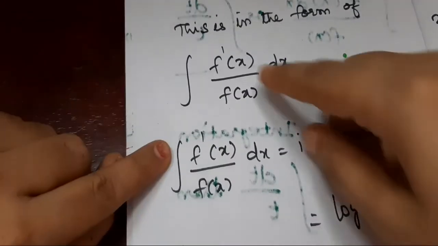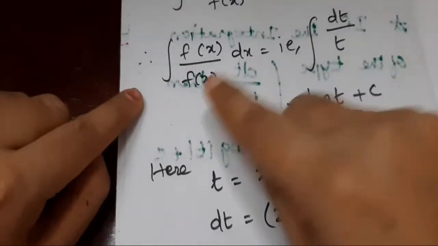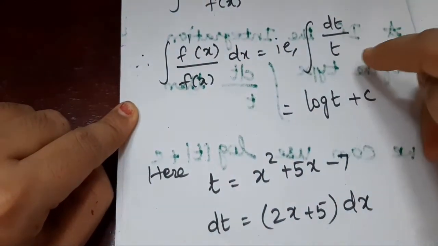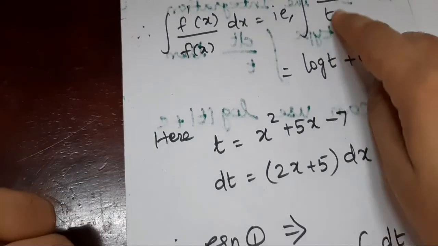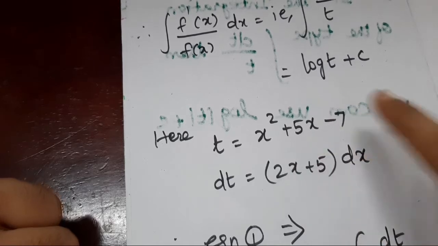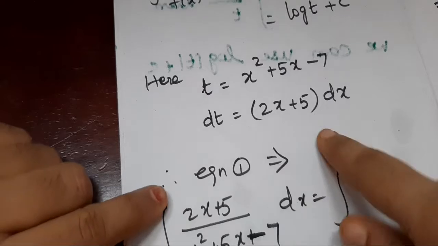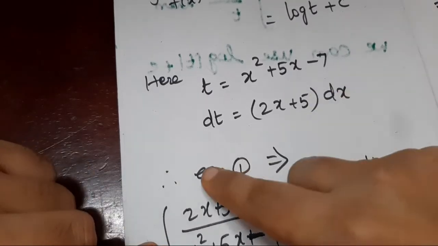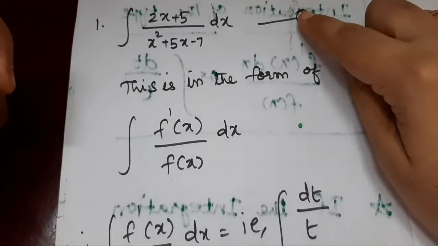So this is in the form of f dash of x dx by f of x, that is dt by t. If you take t is equal to x square plus 5x minus 7, then dt is 2x plus 5 into dx. I have taken this as equation 1.